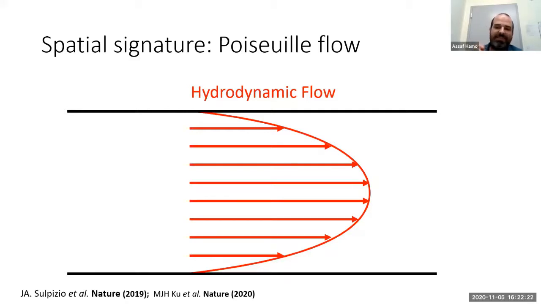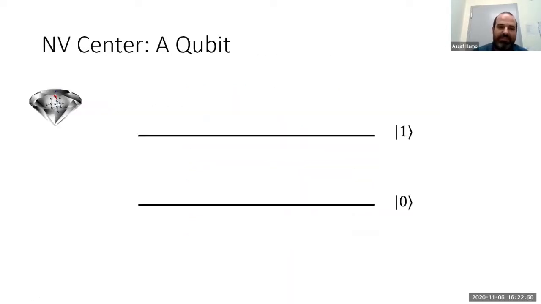So you need an extremely sensitive magnetometer, and the relevant dimensions of this channel in order for those hydrodynamic effects to be available are kind of small. So you need micron-scale devices, and therefore also very high resolution. You need very high sensitivity together with very high resolution. And in order to get that, we are going to use an NV center in diamond.